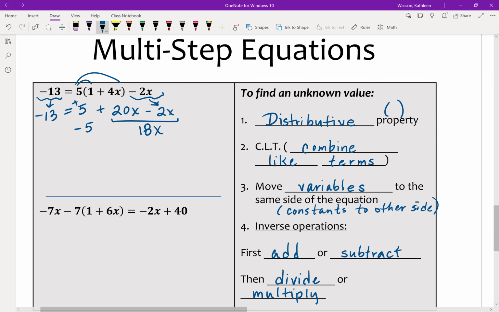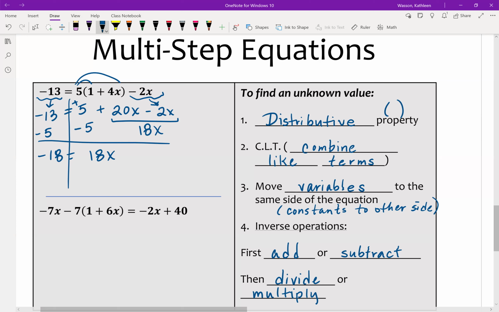If I subtract 5 on the right side and subtract 5 on the left side of the equation, what I have is negative 18 equals 0 plus 18x.